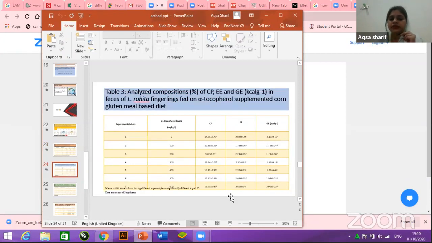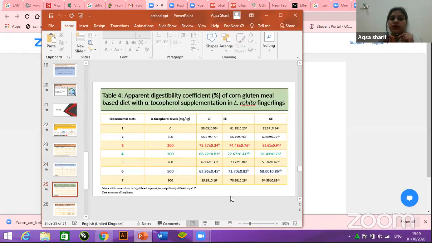And here is the composition of nutrients in the feces which were collected from the tanks after adding feed. So these are the feces nutrient composition, and most important is the apparent digestibility coefficient, which is the parameter to find the crude protein, crude fat, and gross energy in the fish meat.